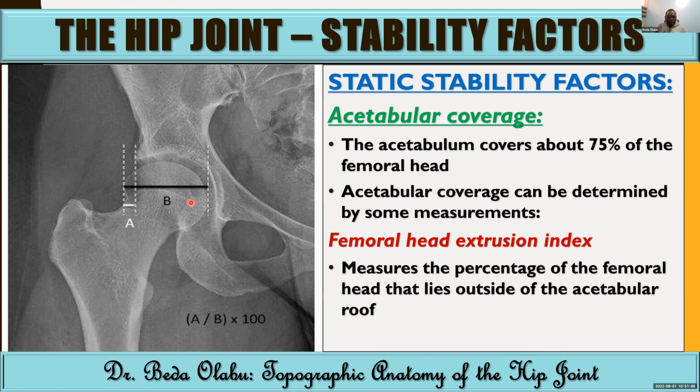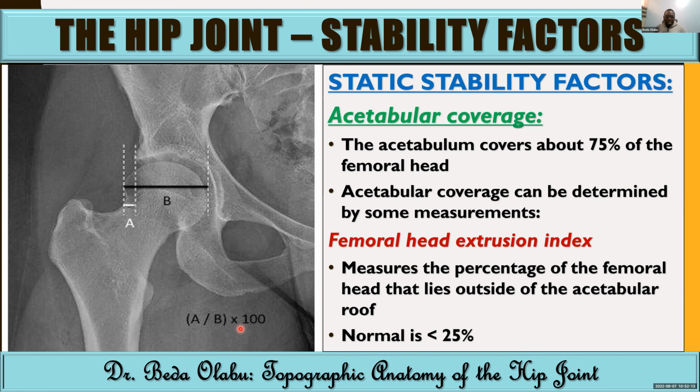Line B is the whole of that horizontal for the femoral head. And line A is the part of line B that is outside the roof. So you take line A, distance A over distance B times 100 to get the femoral head extrusion index.